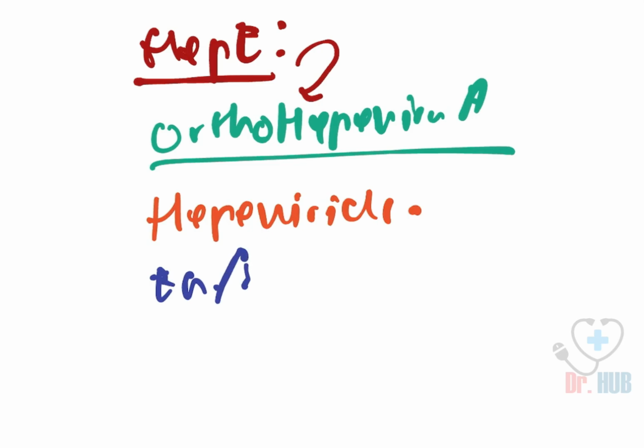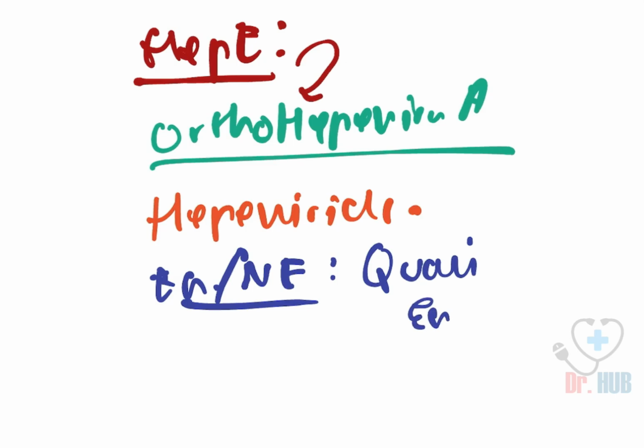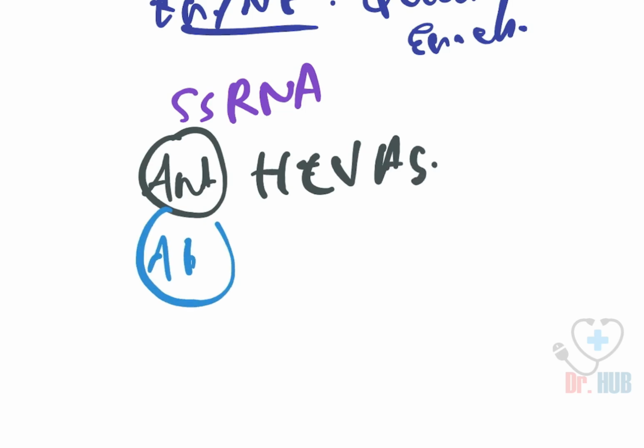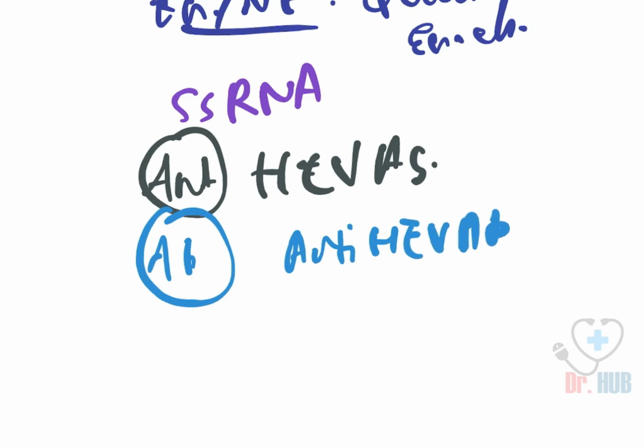Is it enveloped or non-enveloped? It is quasi-enveloped. What is the genetic material? It is ssRNA. The antigen is HEV Ag, and the antibody is anti-HEV Ab.